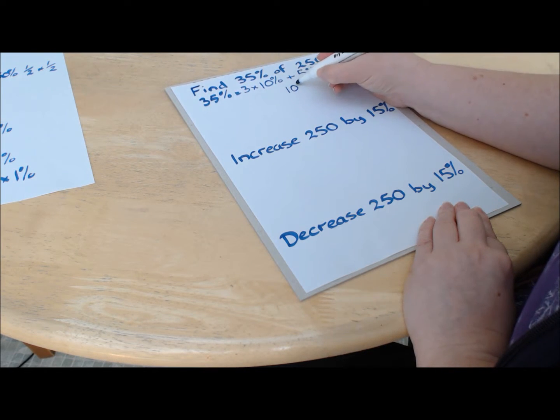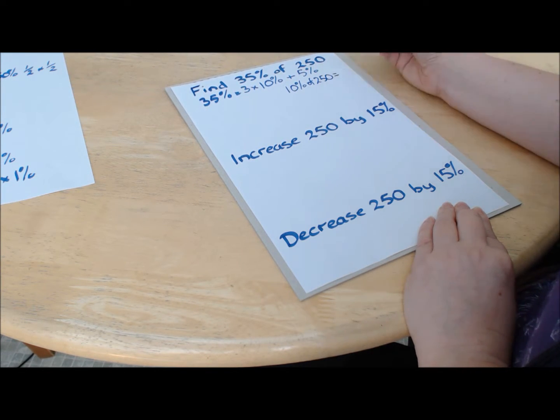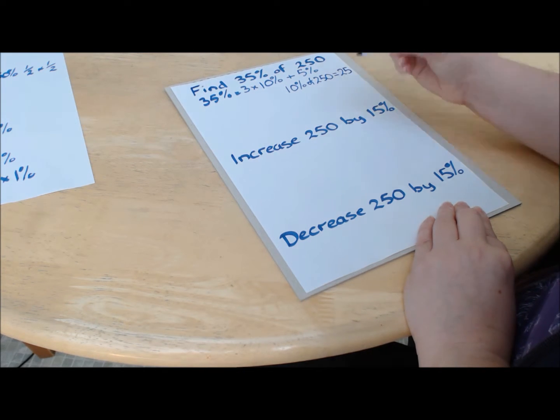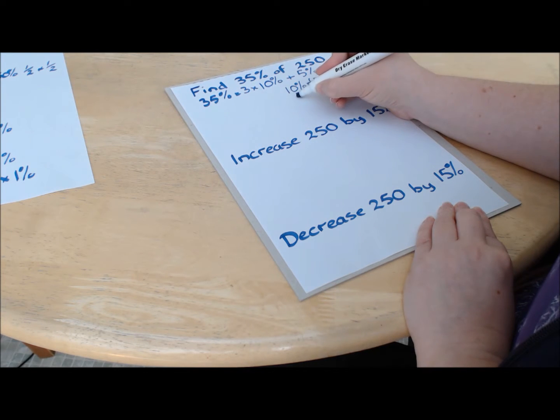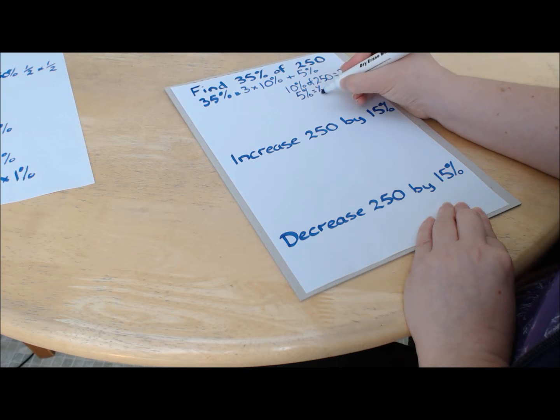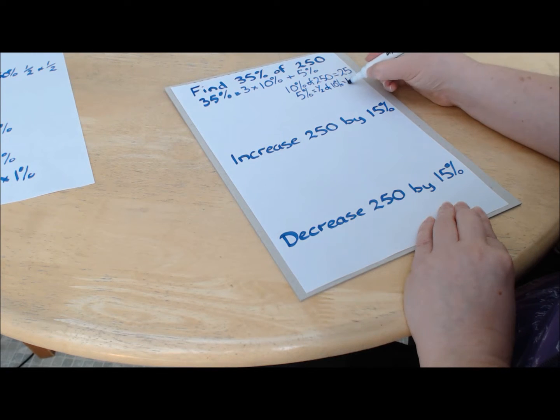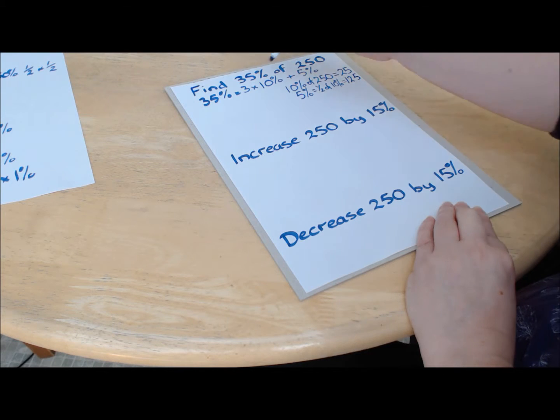So 10% of 250 we get by dividing this by 10, so that's going to give us 25. And then 5% equals half of the 10%. So it's half of the 25, so that's going to give us 12.5. So now we need to go back to our strategy. So what do I need to do?